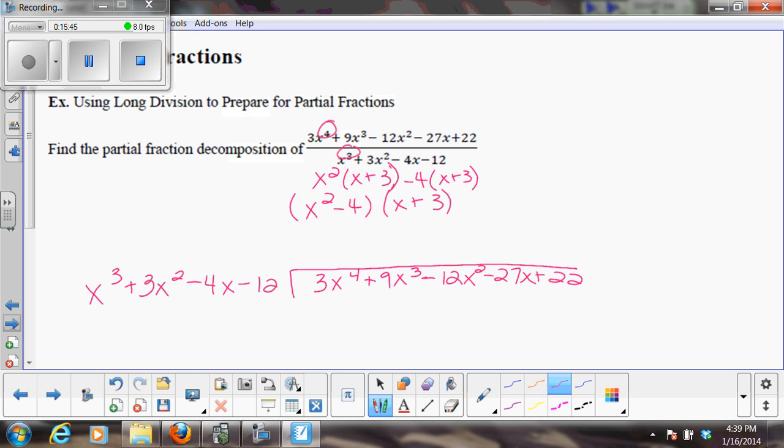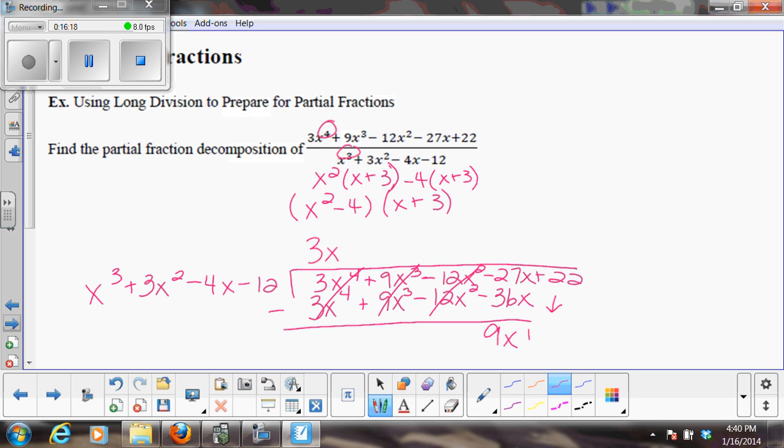All right, x cubed goes into 3x to the fourth 3x times. We're going to multiply through. Boy, minus 36x. Those go away, those go away, those go away. Negative 27 minus 36 is 9x plus 22.